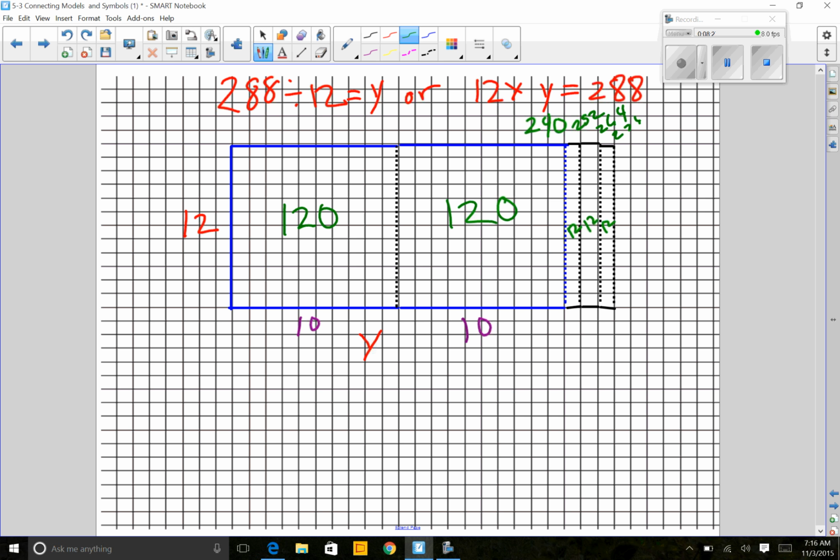We're getting close. And we're going to break off 12 more.